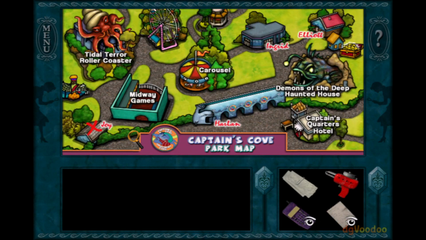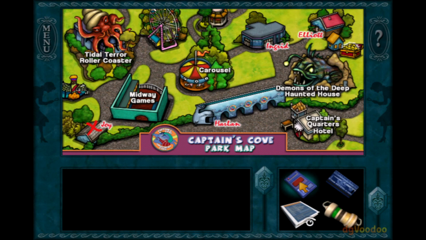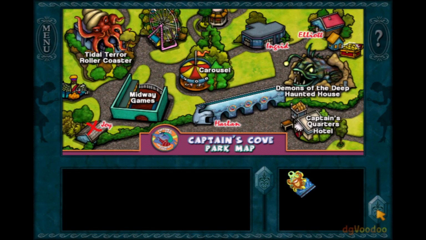We've got some choices here. We could go and try to repair the game here, or the card reader here, or we could go talk to Ingrid about the device that we found.